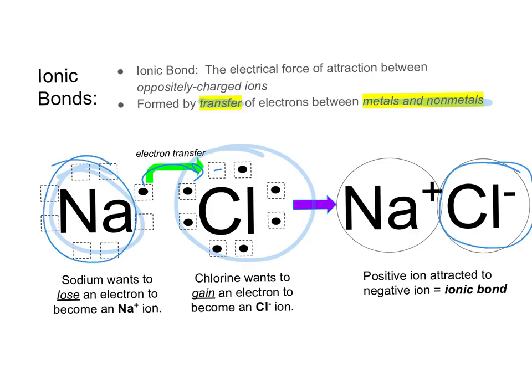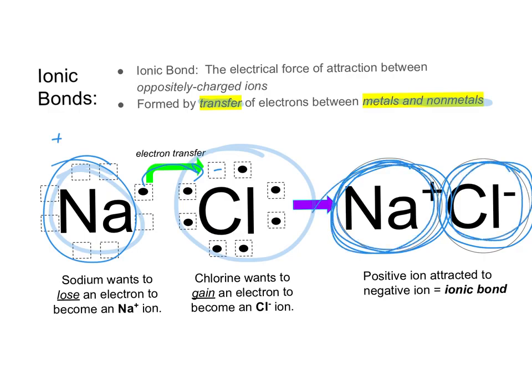Sodium has the same number of positive charges but lost a negative charge, so now it has a net positive charge. This ion is positive overall, and this ion is negative overall.